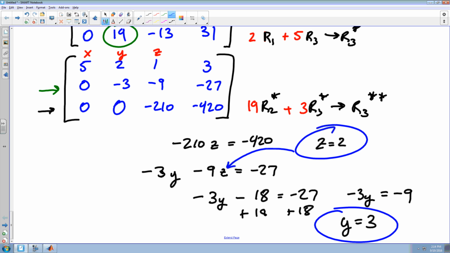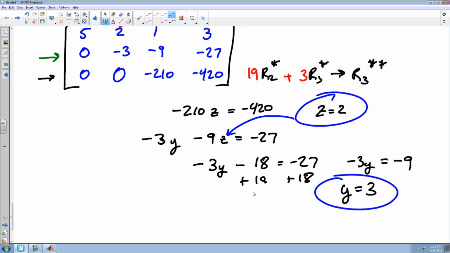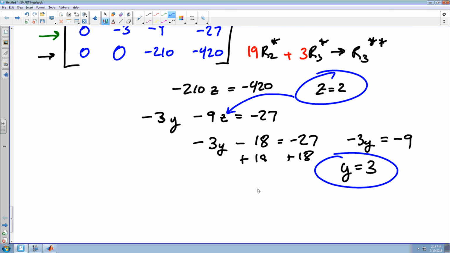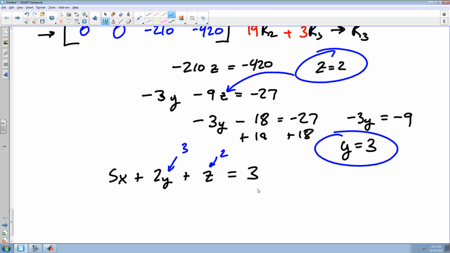And finally, the last equation here says 5x plus 2y plus 1z equals 3. Which is the original equation. I haven't changed this one at all. But now we know that z is 2 and y is 3. So we got 5x plus 6 plus 2 equals 3.